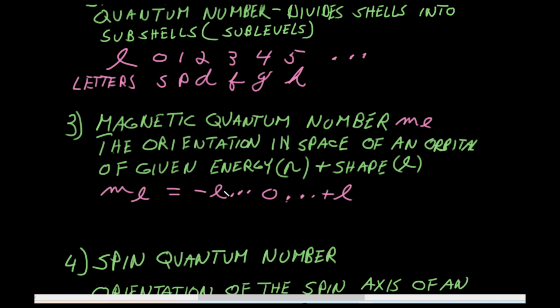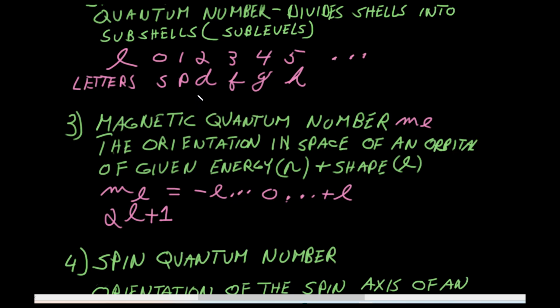And what you're really talking about here is 2l plus 1. So if I have a value of 0 for l, 2 times l is going to be 0 plus 1. So then I'm going to have one magnetic quantum number.